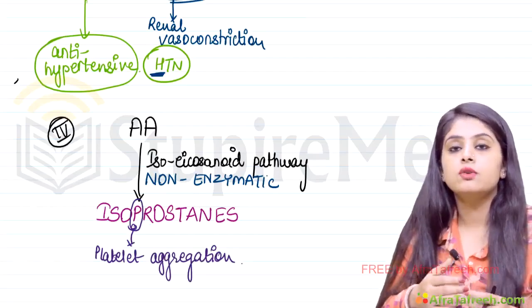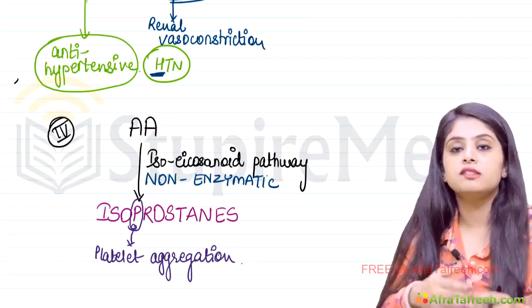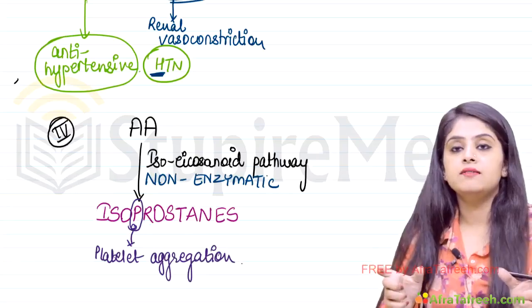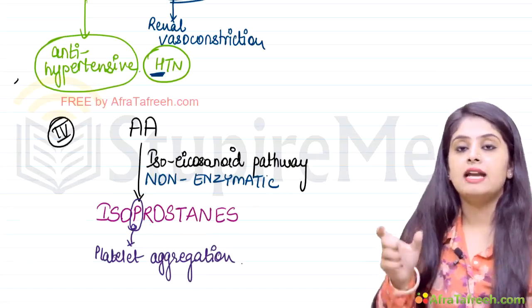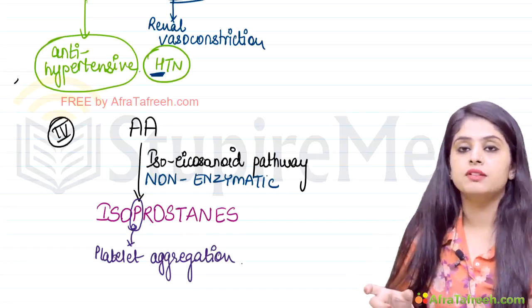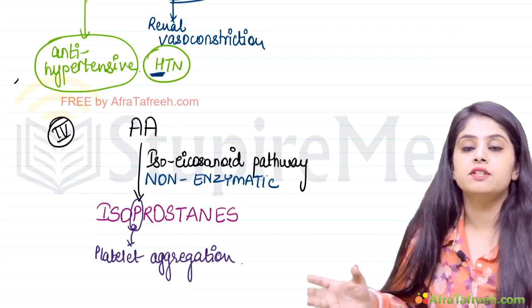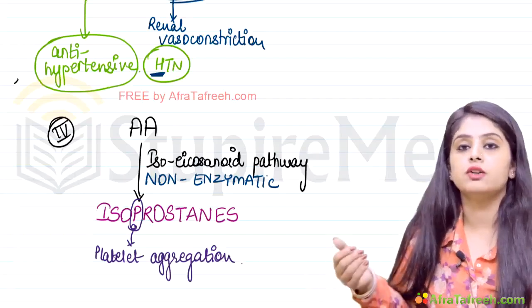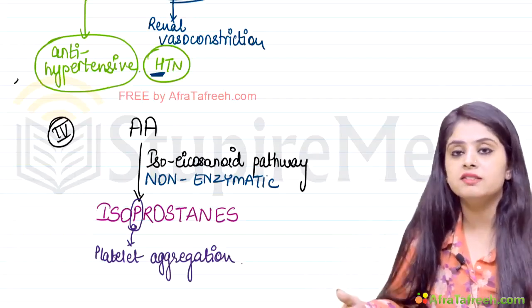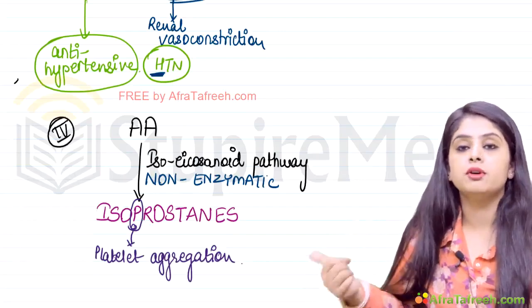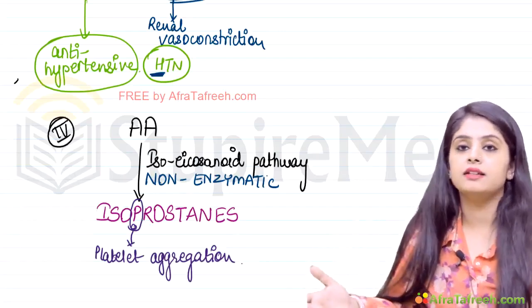Third is the cytochrome P450 epoxygenase pathway, where we are going to have two molecules, EET, which is antihypertensive, and HETE, which is hypertensive. Lastly, we have a non-enzymatic method in which there is going to be conversion of arachidonic acid into isoprostanes, which are P for prostanes, P for platelet aggregators.